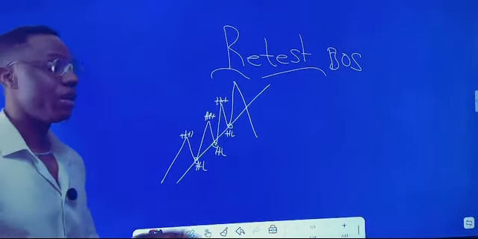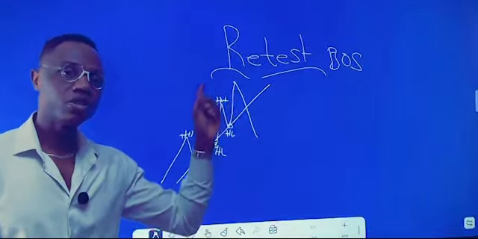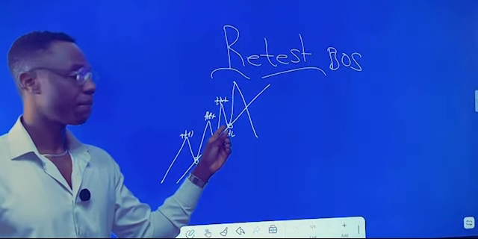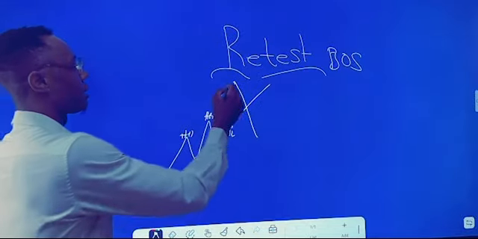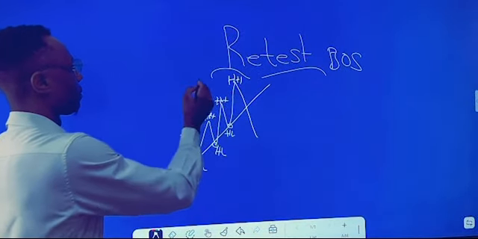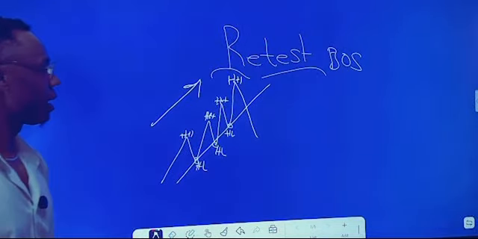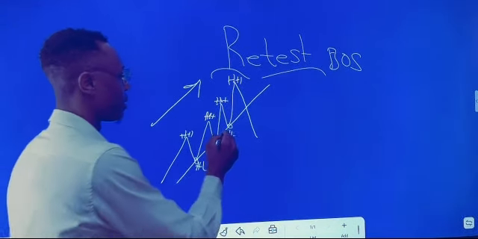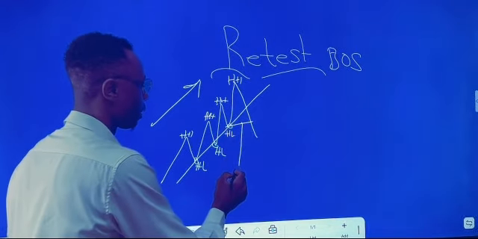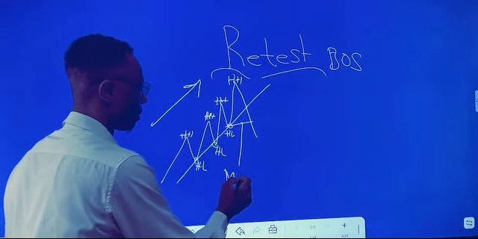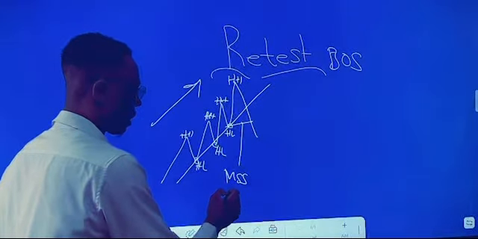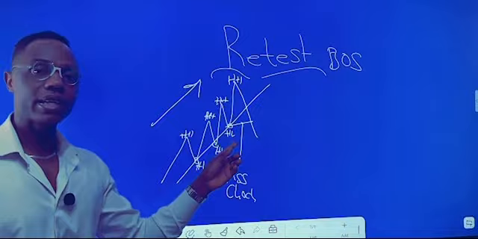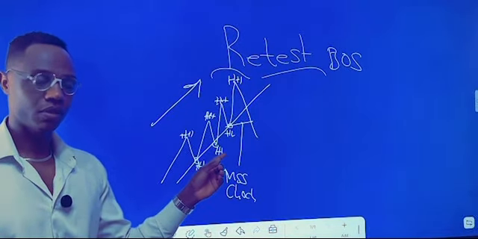If the market is in uptrend, under no circumstance should the market break this previous higher low. Once the market breaks it, giving you a change of character or market structure shift, it tells you the market is about to reverse to the opposite direction.